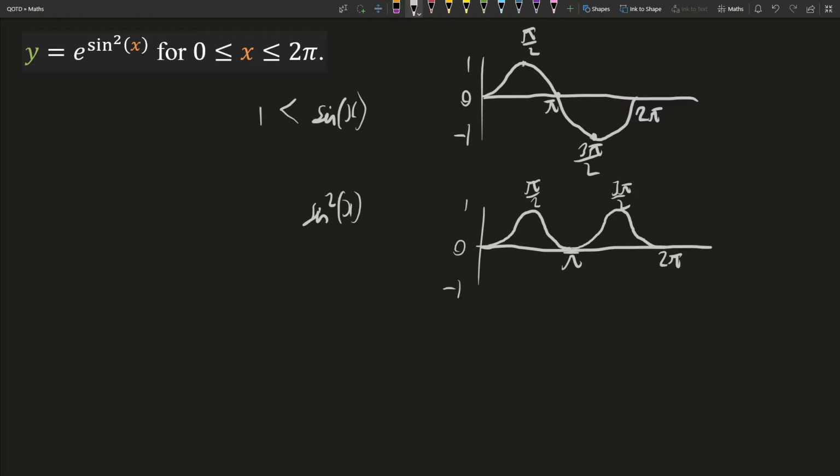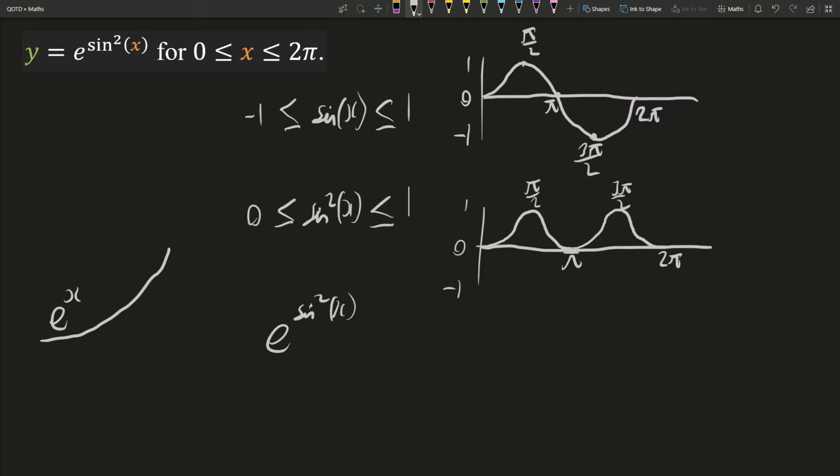So we started off with it being in between the ranges of 1 and minus 1, and now we've got it in the ranges of 0 and 1. Now we can consider e to the sine squared x. What do we know about this? We can use the fact that e to the x is an increasing function. So, as you go to the right, it will always get bigger.